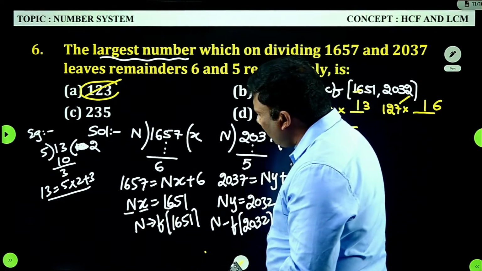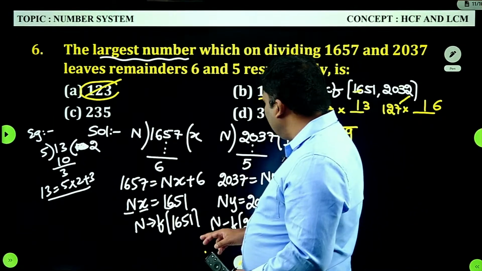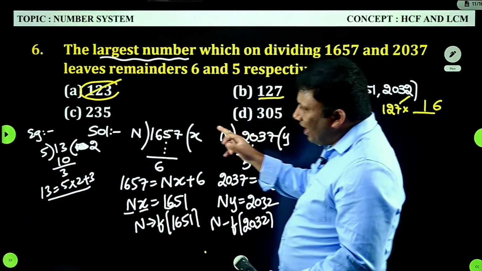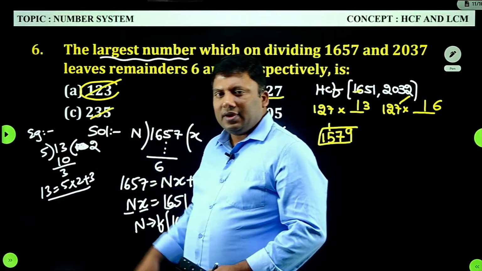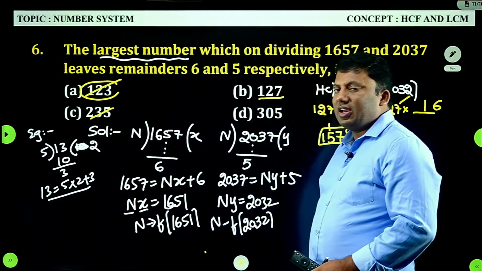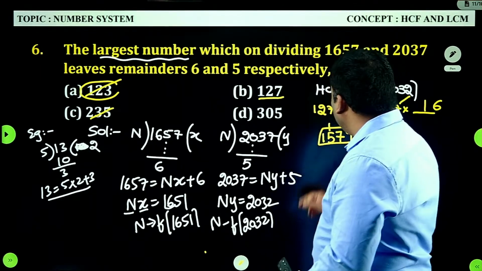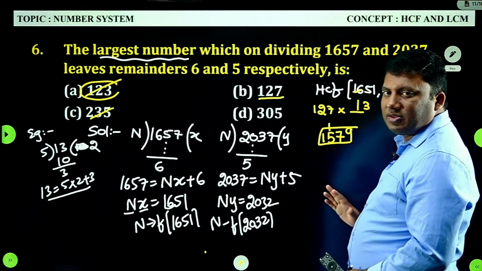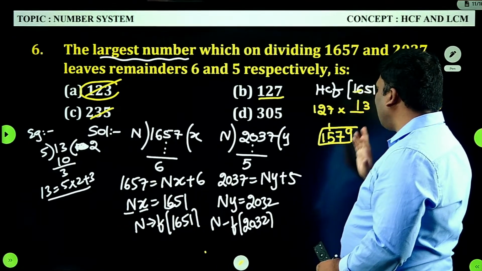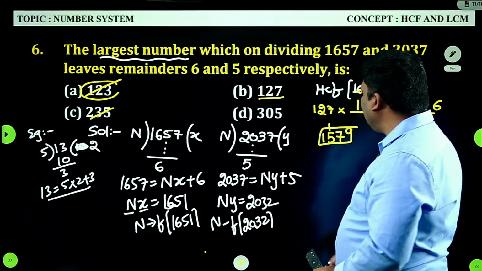Now, if the answer is divisible by 5, both the input numbers should be divisible by 5. These are not divisible. I hope the idea is clear.